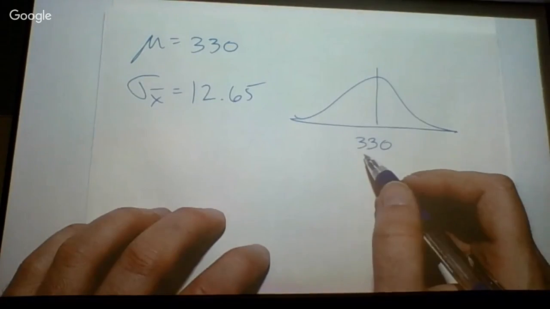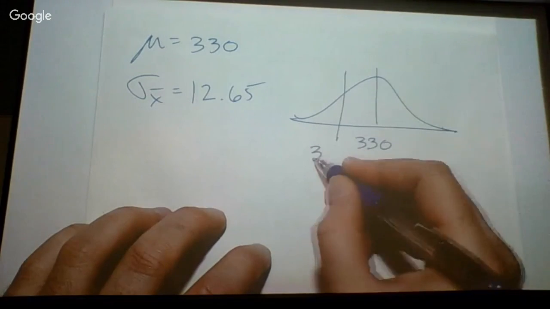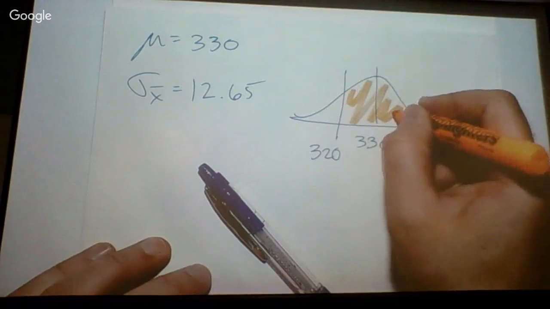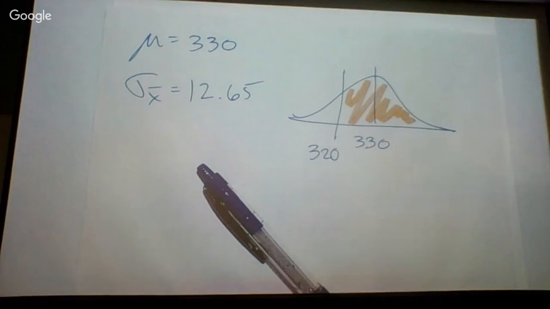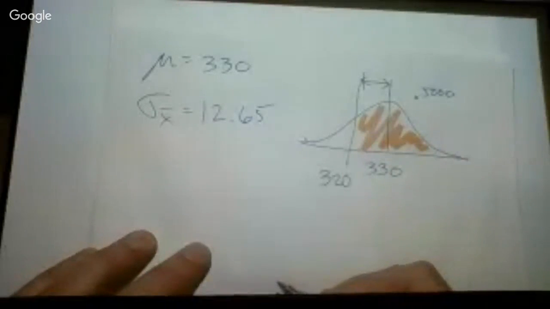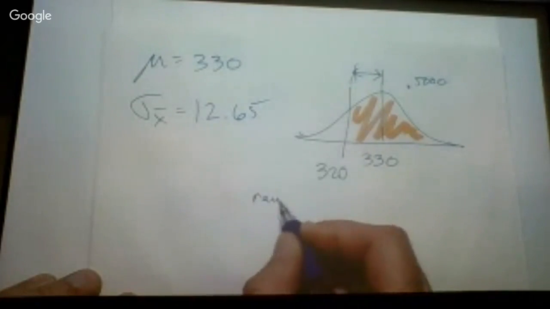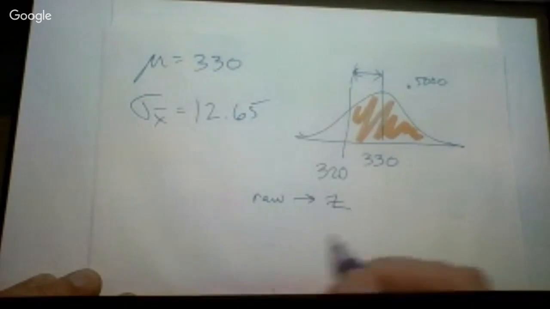I need something greater than 320, which means I'm going to be adding 0.5 to whatever I find in here. In order to find that, I've got to take 320 and convert it to a z-score.